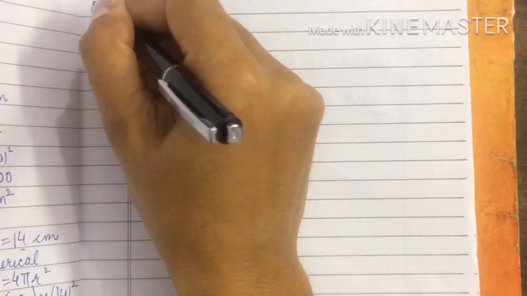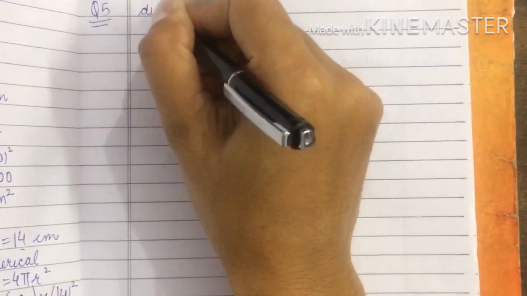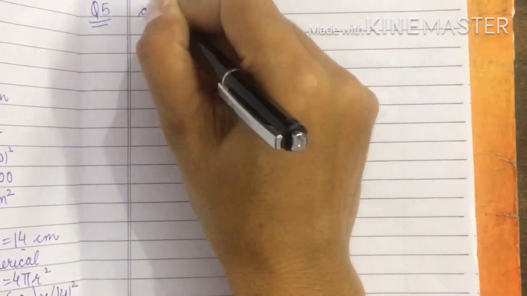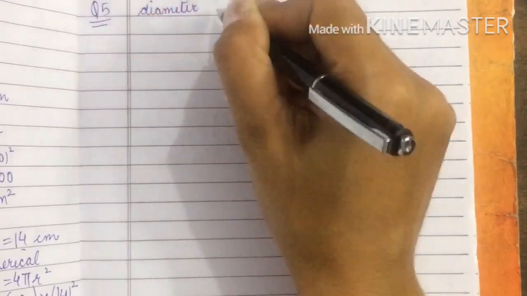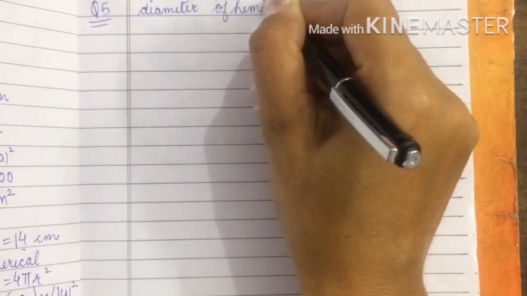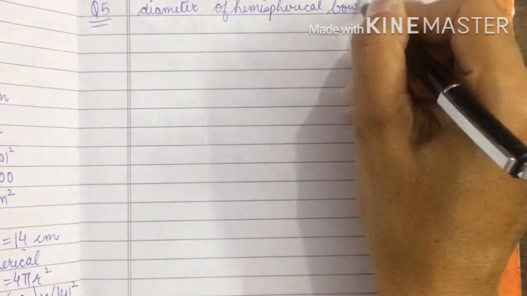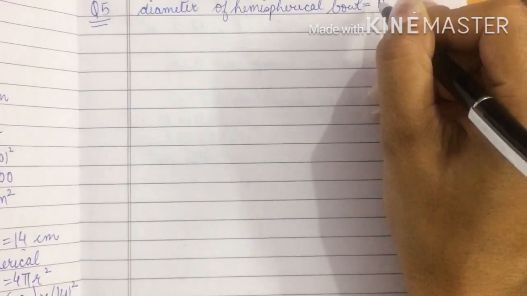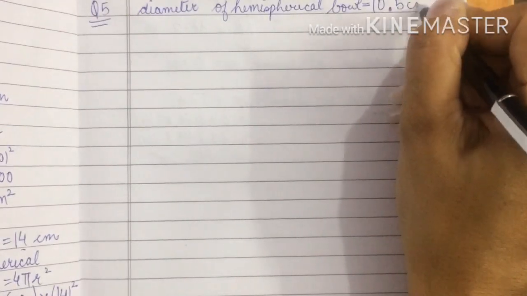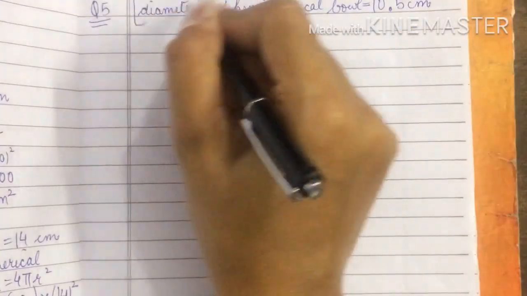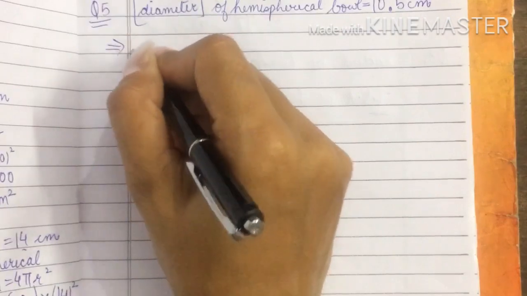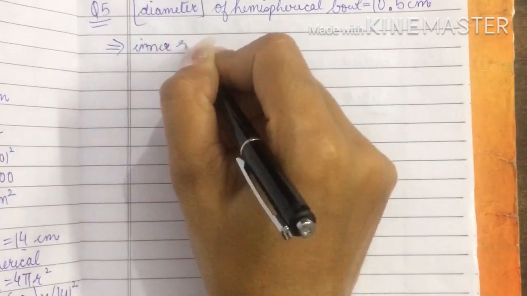Question number 5. We have been given the inner diameter of the hemispherical bowl, and this is given to be 10.5 centimeters. Since we have been given the inner diameter, let's find out the inner radius.